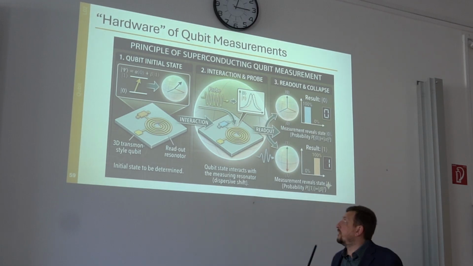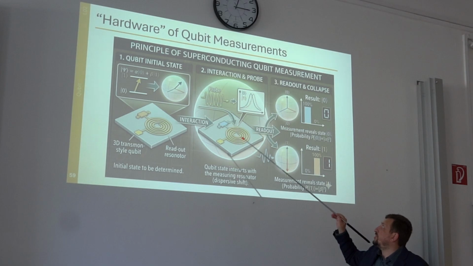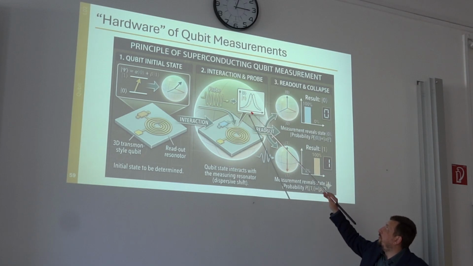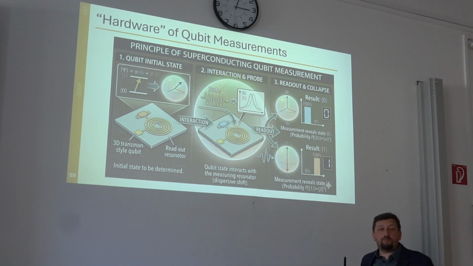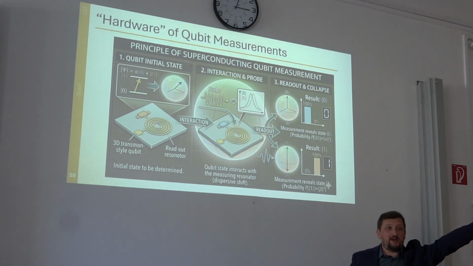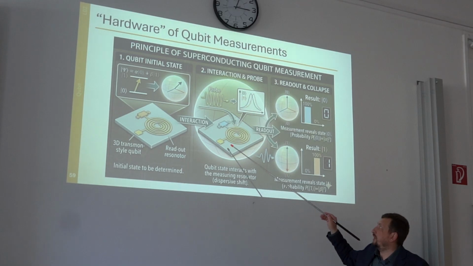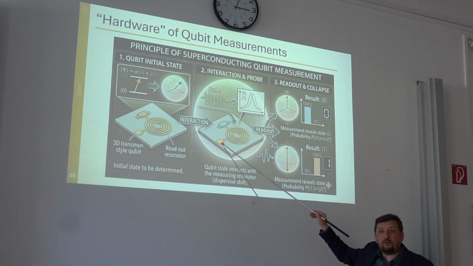But what happens? The resonant frequency of this resonator changes depending on whether we have the qubit in state 0 or state 1. The physical process through which it changes is called dispersive shift. This is something that we will study at the end of the course. But here is the mechanism. The resonant frequency of this circuit changes depending on whether the qubit is in state 0 or 1.